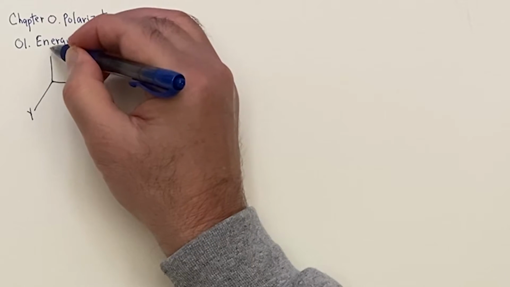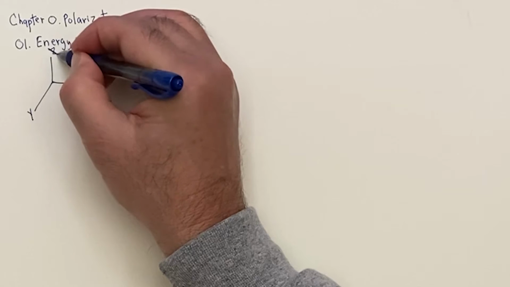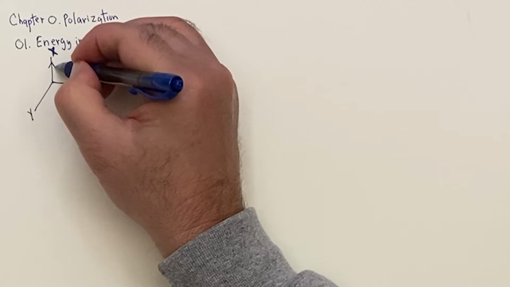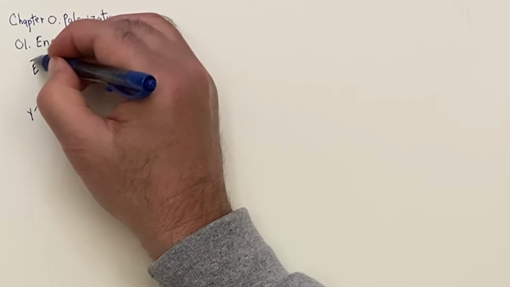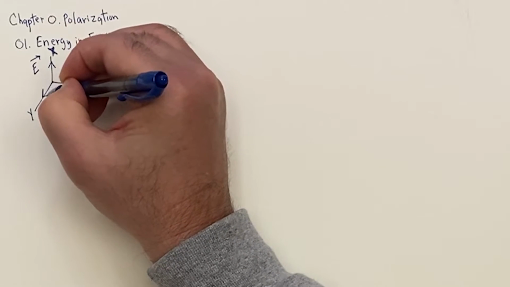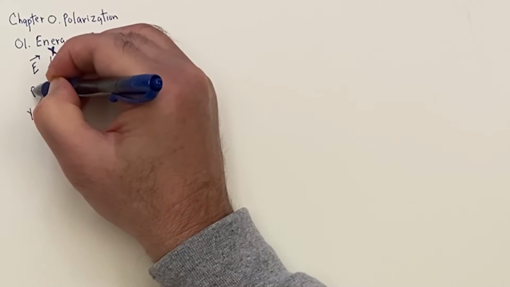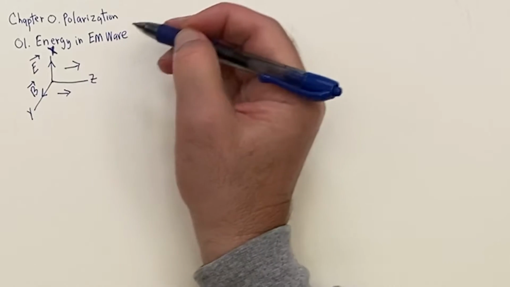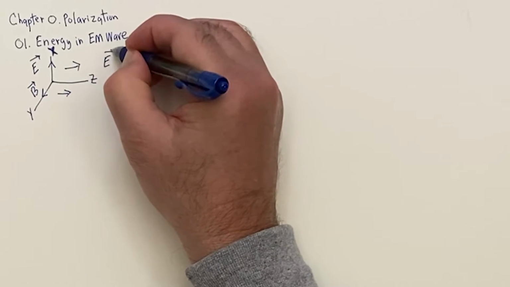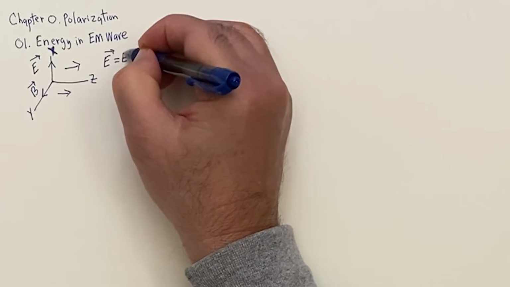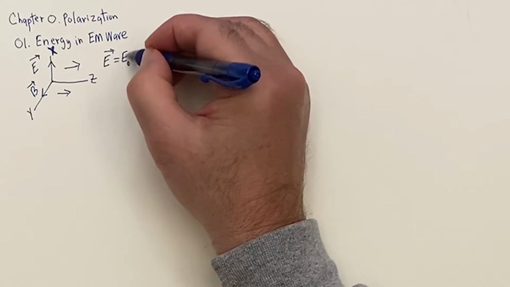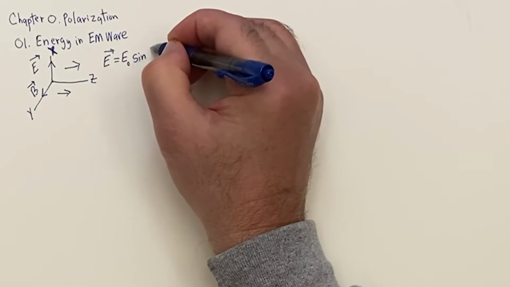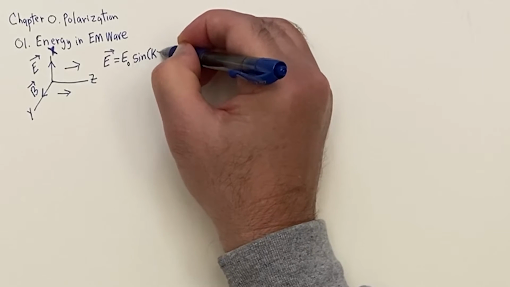So we have Y, say, let's put X here, and Z, like we did initially in another chapter. Here's your E field. Here's your B field. And we're heading down the Z axis. So we have the electric field, some maximum amplitude, because the sine can't go more than 1.